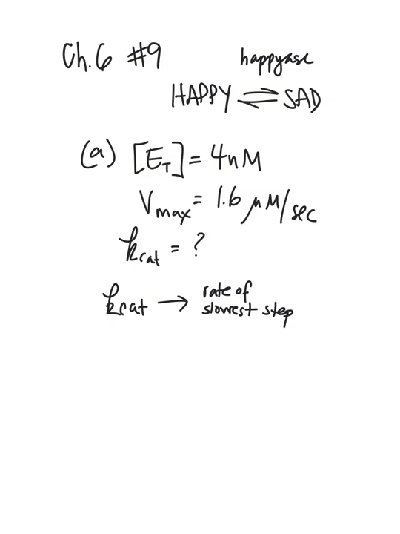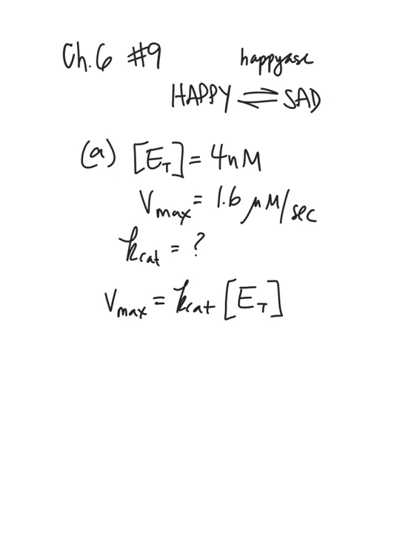If we wanted to calculate the kcat, and we're given total enzyme and Vmax, we can do it pretty straightforwardly. The fastest you can go is limited by the slowest step of the enzymatic process times the total amount of enzyme that you have.